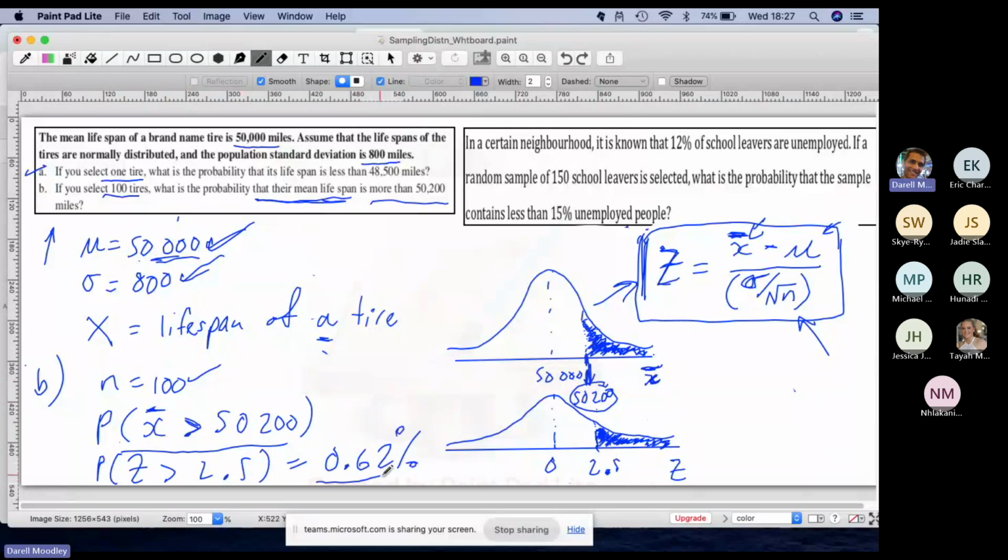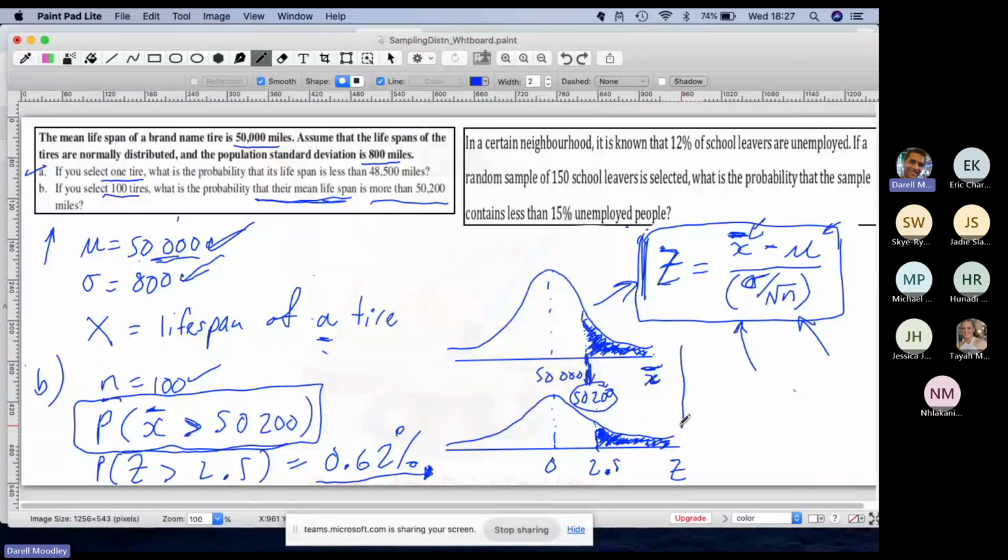What is important that I've done so far is that you understand how to formulate this, and then how to go from X bar to Z using this formula here. Then you get an equivalent diagram for X bar like I've done here.